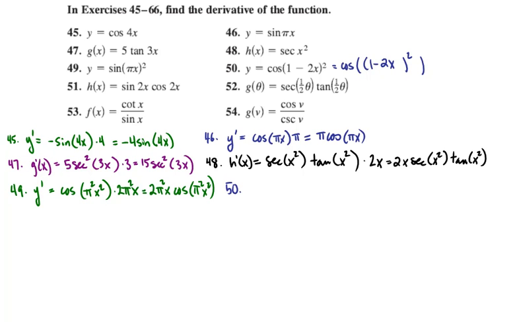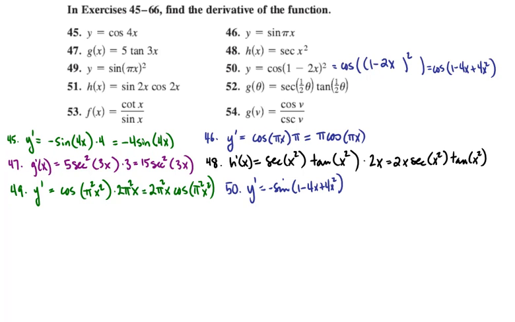Now you could get out of the repeated chain rule by simply multiplying out 1 minus 2x quantity squared, in which case that would be cosine of 1 minus 4x plus 4x squared. And at this point that might be a little bit easier. So the derivative of the outside is simply derivative of cosine, that's negative sine.